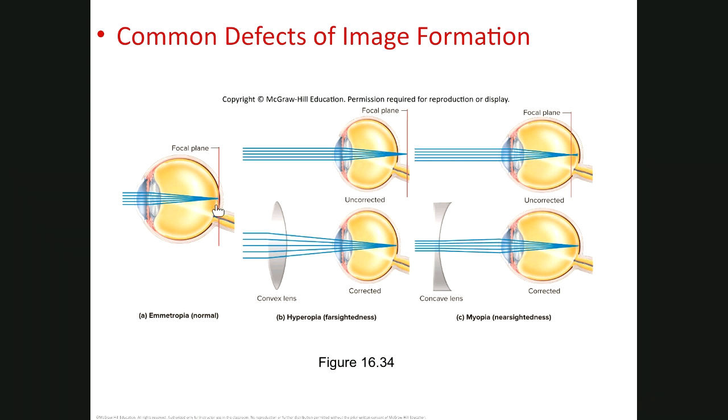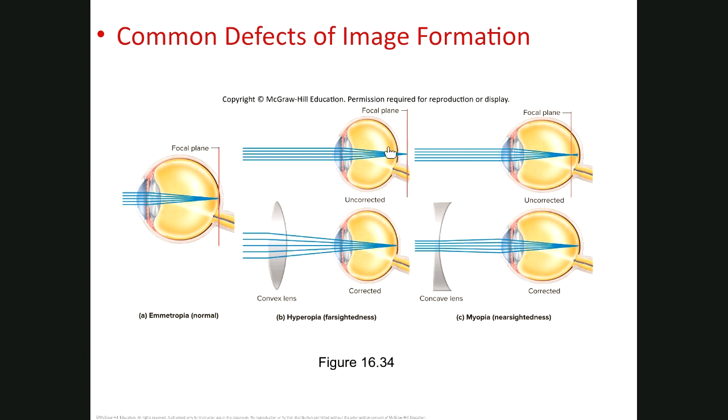If the eyeball becomes shorter in length, as happens here, then the focus is actually beyond the eyeball. The focal plane is basically beyond the eyeball. And instead of a meeting of all rays here, you will actually have a bigger spot here, which is blurry.